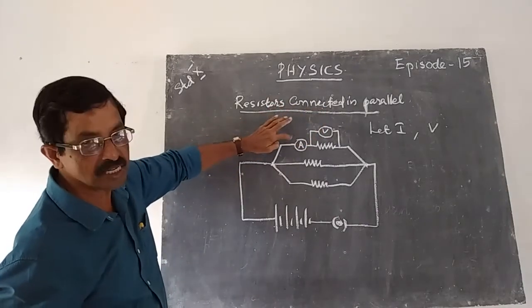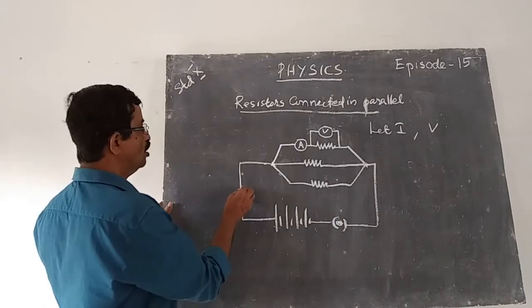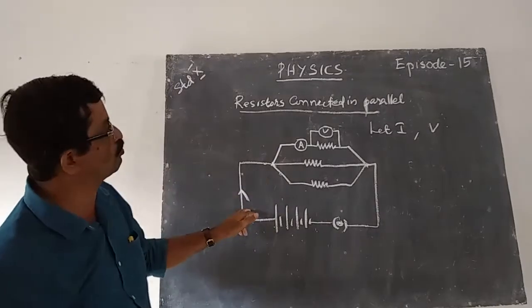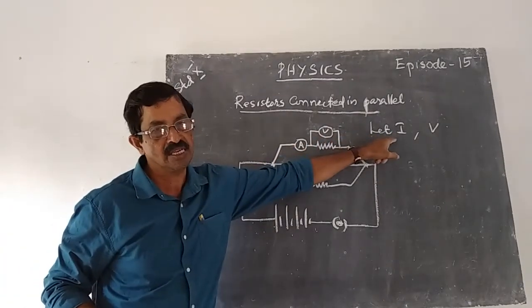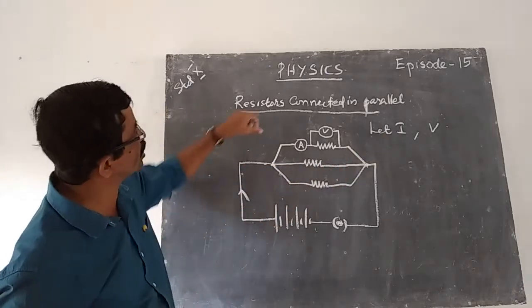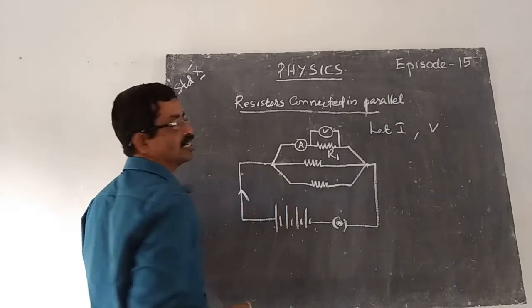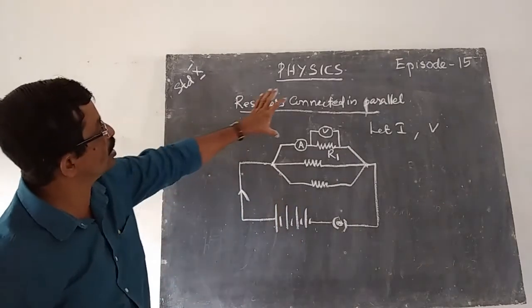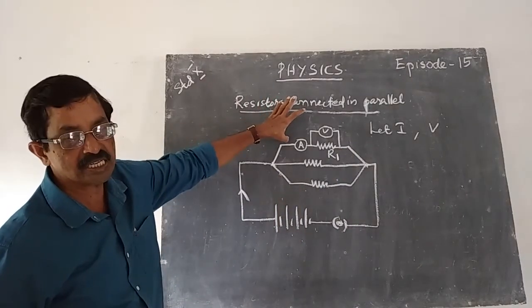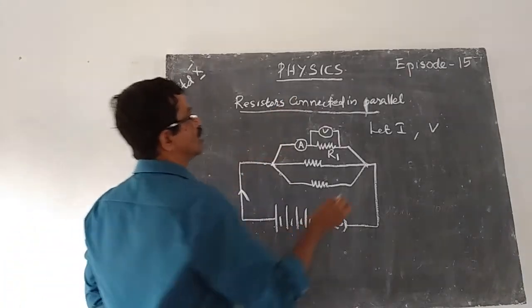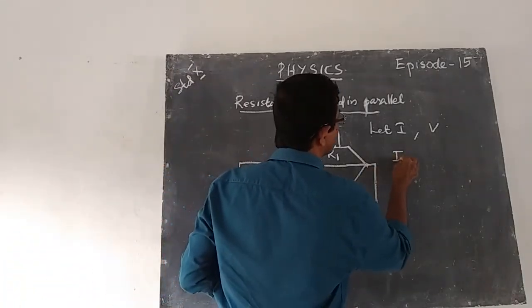Now, we know the total current flowing is I, as we got before. Now again we measure the current through this resistor R1. Here it shows I1.